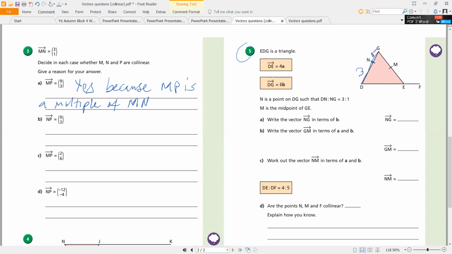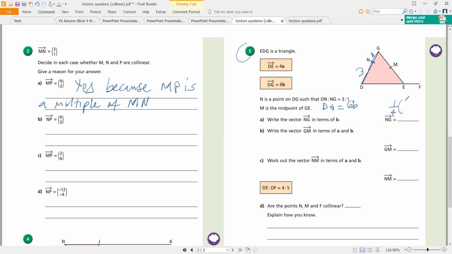Now, write the vector NG in terms of B. Don't forget, the vector DG is 6B, meaning that to get the vector N to G, that is just 1 part out of 4, which is the total number of parts that the line is divided into.